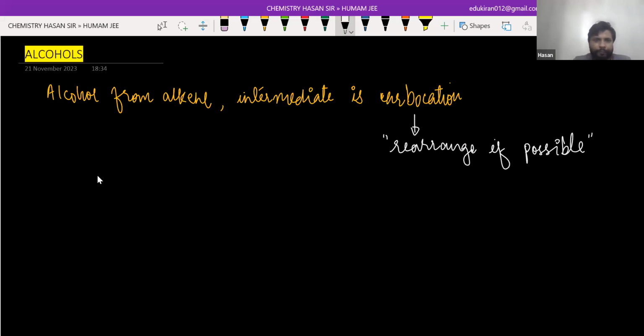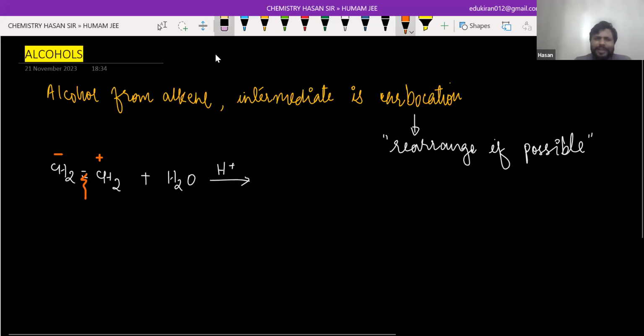Okay, sir. See, here is what you are going to do. CH2 double bond CH2, and for catalytic hydration, it is H2O in the presence of H plus. What will happen? Basically, this bond will be broken. One carbon will have positive, another negative.